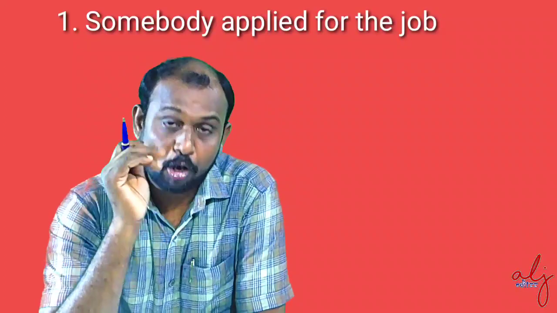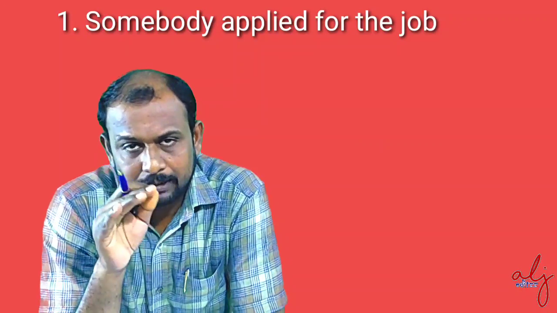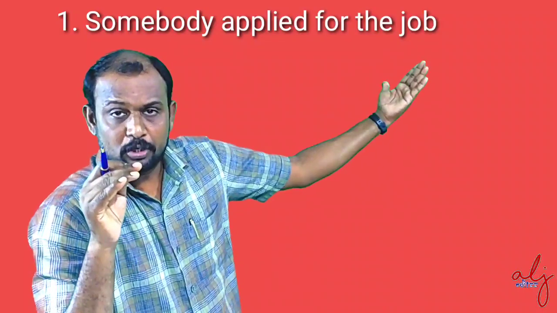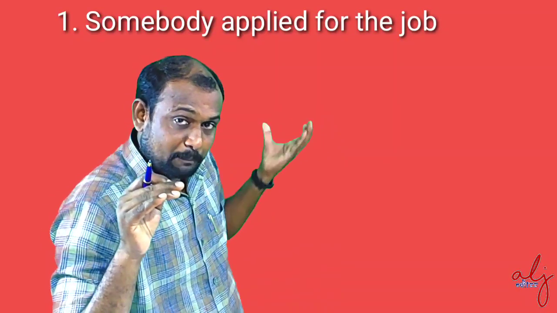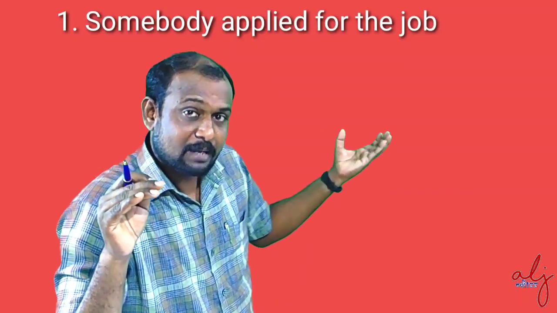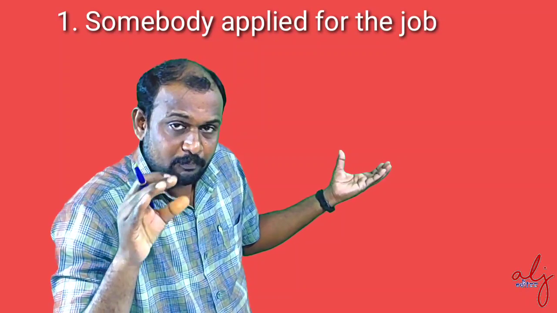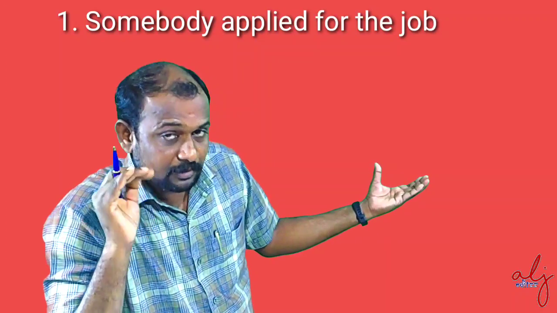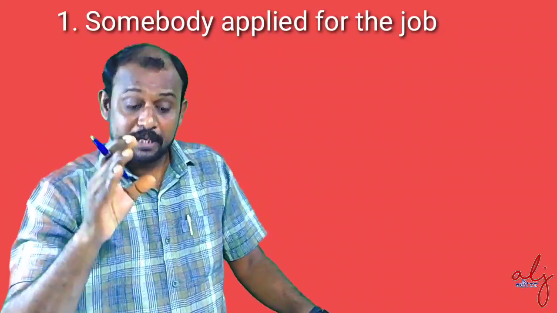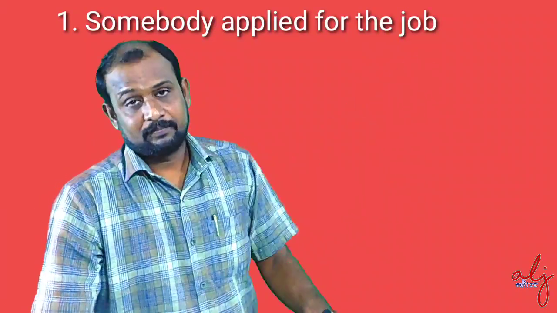Okay, see example number 1. Somebody applied for the job. There is no helping verb here. What is the main verb here? Applied. The base form is apply: apply, applies, applied. So what is the helping verb to be used in this case? Do, does or did? Did. Very good. So you have to write did.